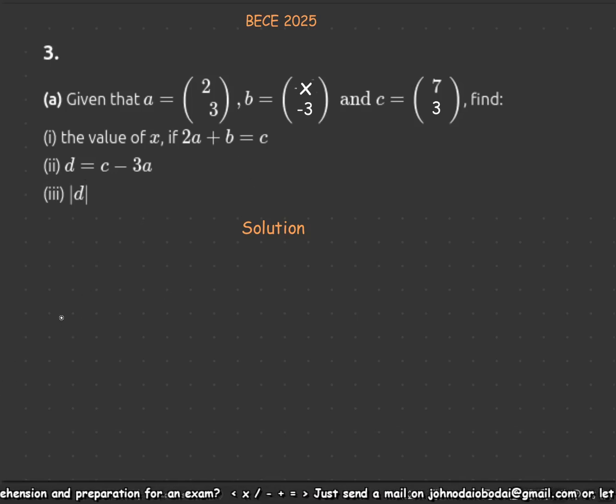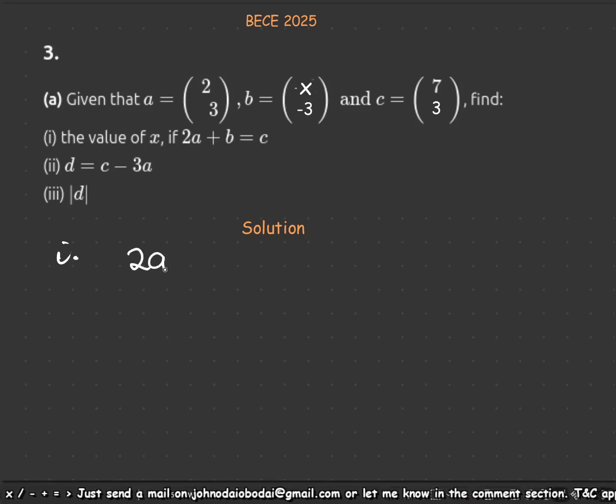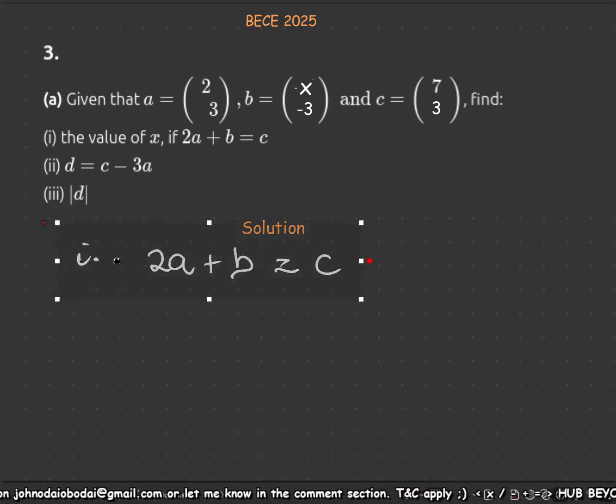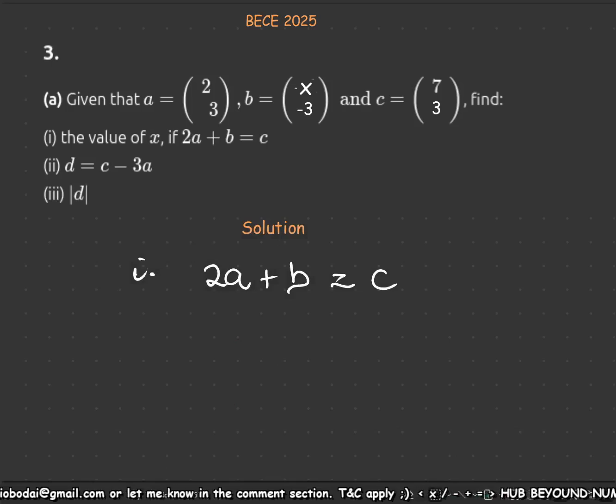Now, how do we approach this question? For the first one, all it says we should do is to find the value of x if we have 2a plus b being equal to c. That is our equation. Now let's do our substitution.